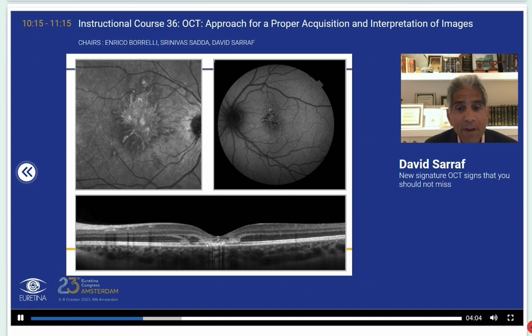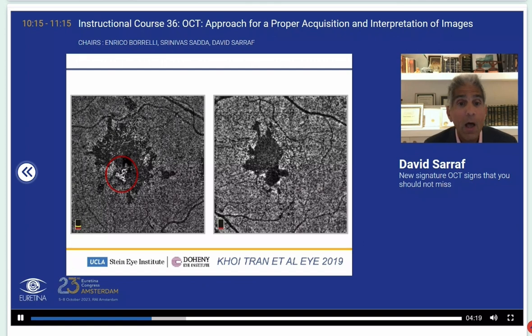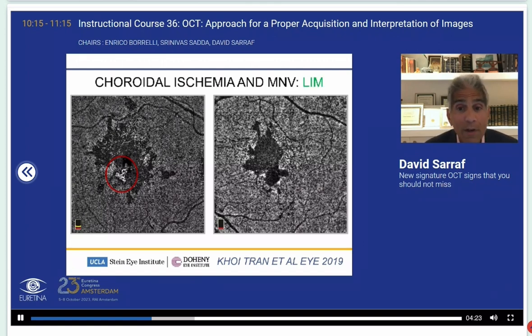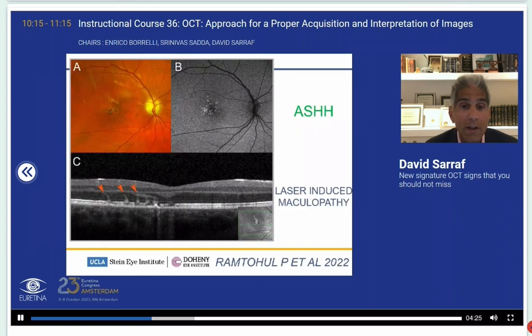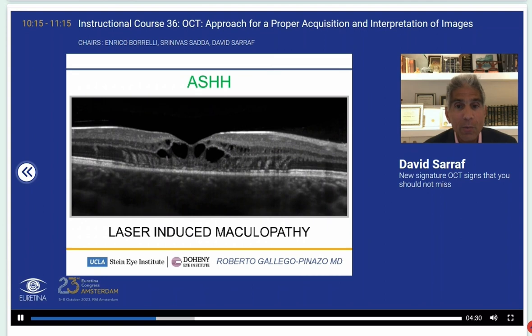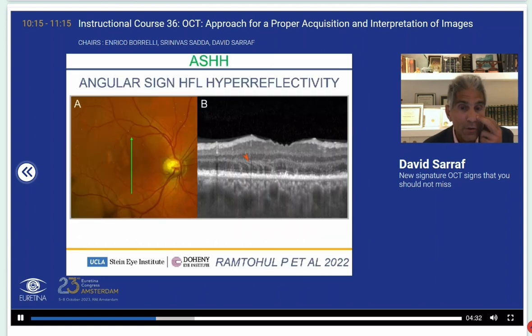This can be a very important finding to elicit because the history is often elusive and very difficult to obtain from the patient. This was a young pediatric patient with a history of handheld laser-induced maculopathy. These patients also get choroidal ischemia and can even get choroidal neovascularization, as you can see in the red circle there. And here is another case of ASH in a patient with laser-induced maculopathy, showing the characteristic Henle fiber layer lesions.